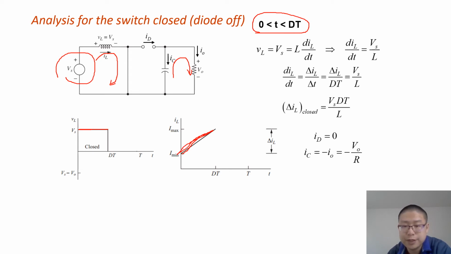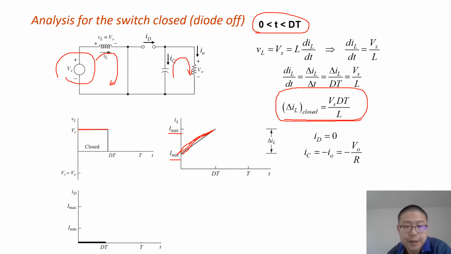And also we already obtained the current change when the switch is closed. But what we do not know is the initial value. Here it is denoted as I minimum, and also the maximum value we do not know. We will introduce how to calculate these two values later.